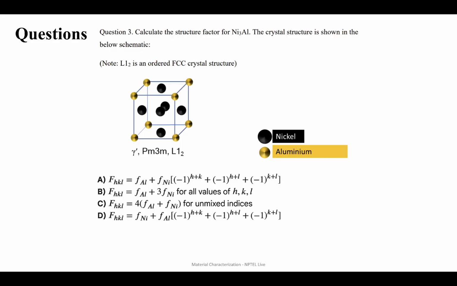Calculate the structure factor for Ni3Al, the crystal section is shown in the below schematic. F_HKL equals F_Al plus F_Ni times (e^(-iπ(H+K)) plus e^(-iπ(H+L)) plus e^(-iπ(K+L))). F_HKL equals F_Al plus 3F_Ni for all values of HKL. F_HKL equals 3F_Al plus F_Ni for unmixed indices.